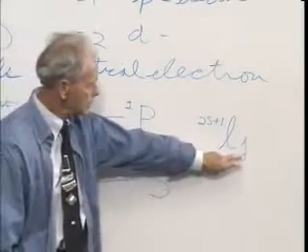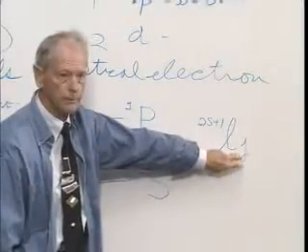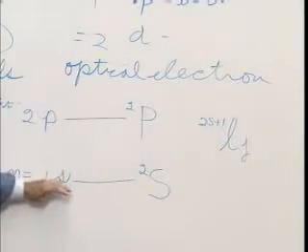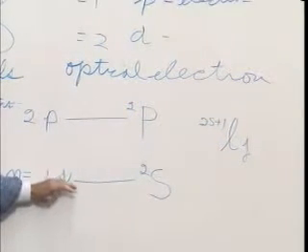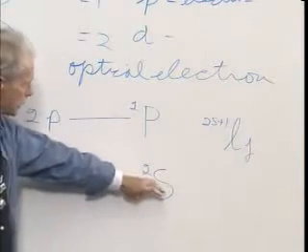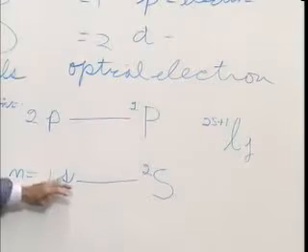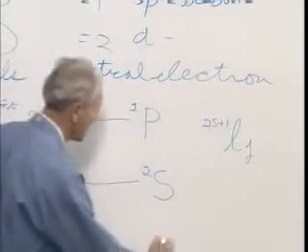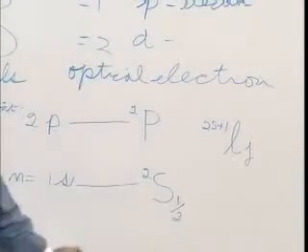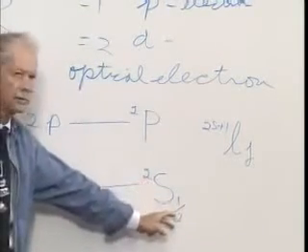Down here is the total angular momentum. When you have an S state, it has 0 orbital angular momentum, so it's an S state. J is L plus S. S is 1/2, so it is a 1/2 down here. And this is called a doublet S 1/2 state.